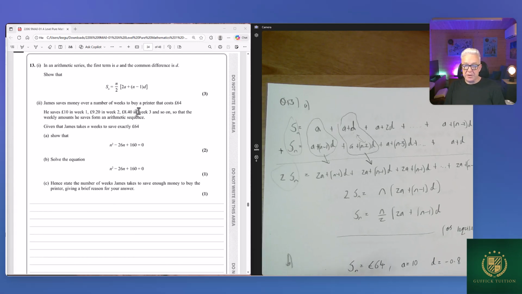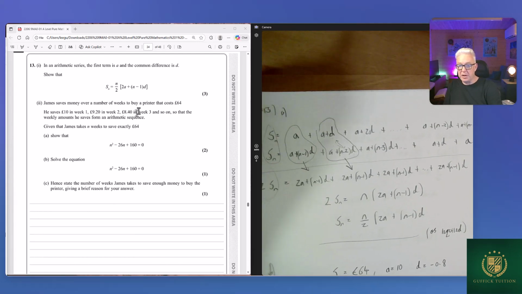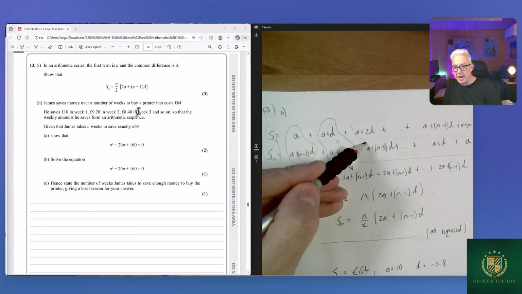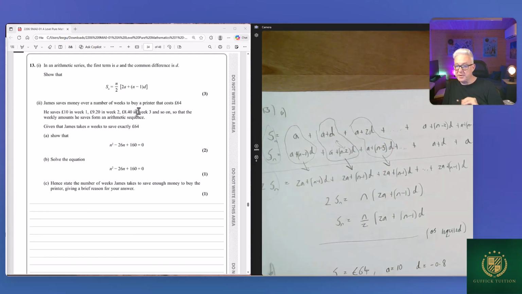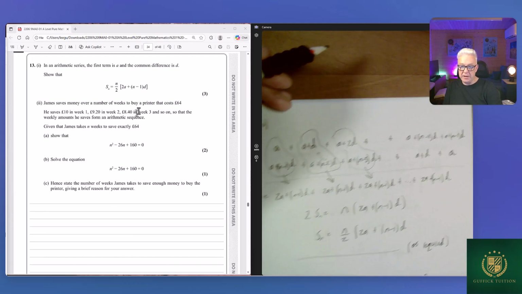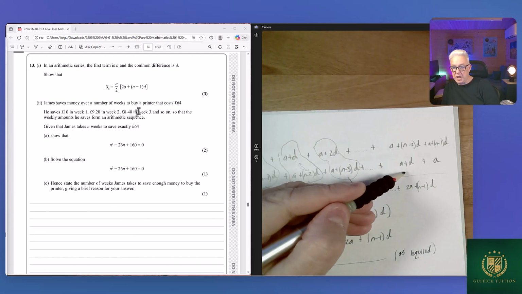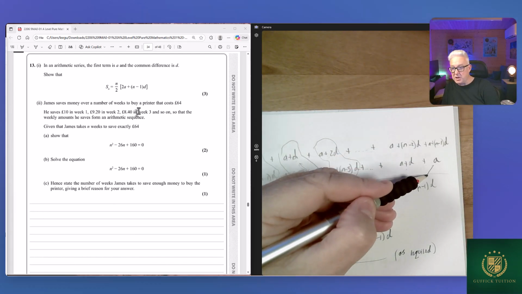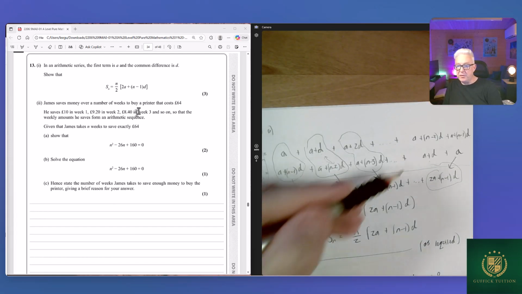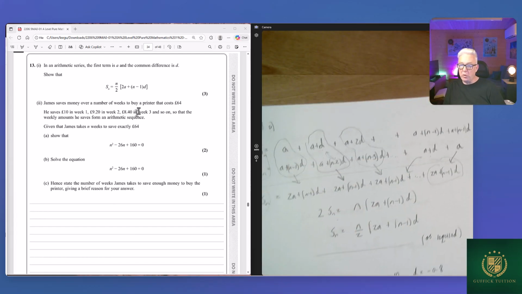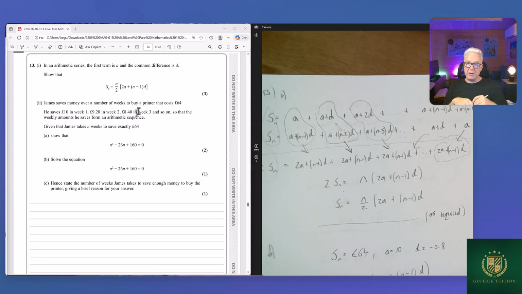Maybe you can see what's going to happen here. When we add the third term forwards and backwards, yet again we get 2a plus n minus 1 times d. Over at the other end of the series, when you add them together, you get another lot of 2a plus n minus 1 times d. So every single pairing gives you 2a plus n minus 1 times d, and there's one of them for every term of the series.